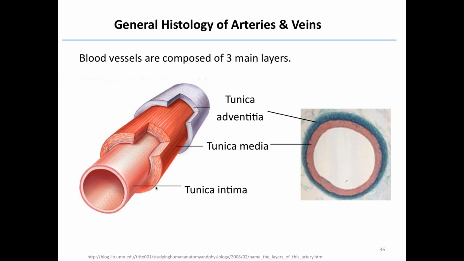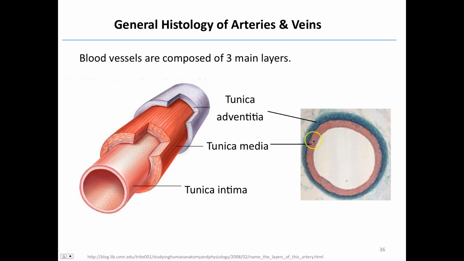The 3 basic layers are, first, the most internal layer, the tunica intima, which is the innermost layer lined with smooth epithelium. It's a very thin layer through here. Then we have the tunica media, which is the middle layer. It's smooth muscle, and it has quite a bit of elastic tissue also.